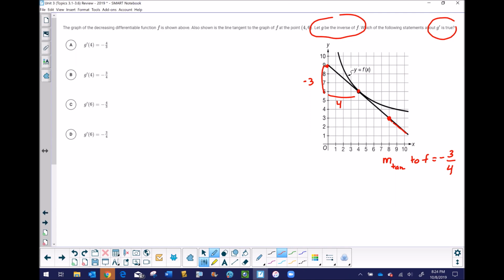I'm going to give you guys a couple of seconds to think about that. And if you want to, you can throw it into the chat. The slopes of tangent lines drawn to inverse functions are blank of one another. And if you're not sure, that's fine. By you not answering, it definitely tells me something.